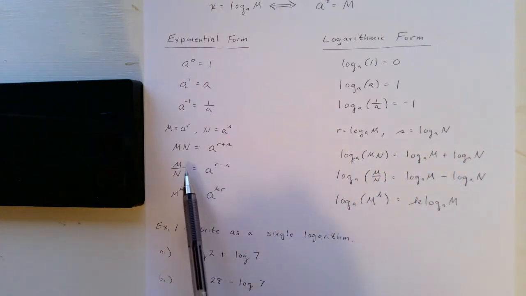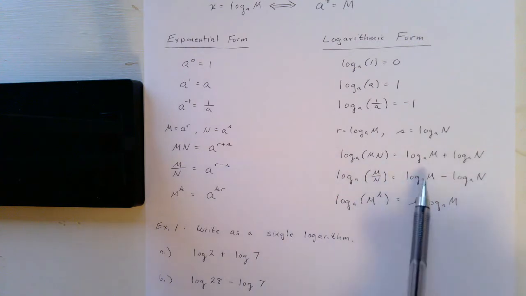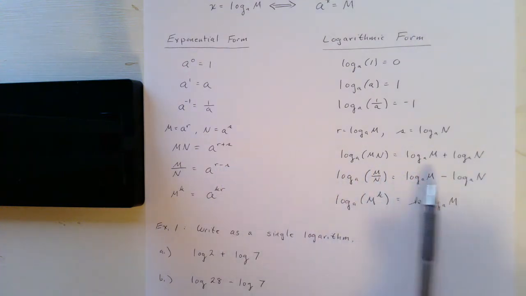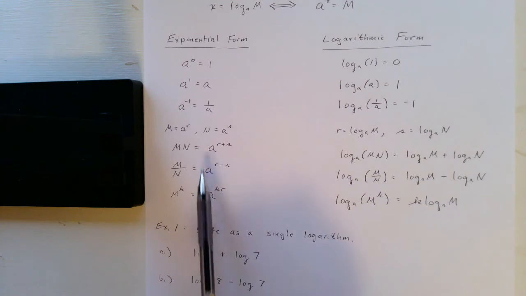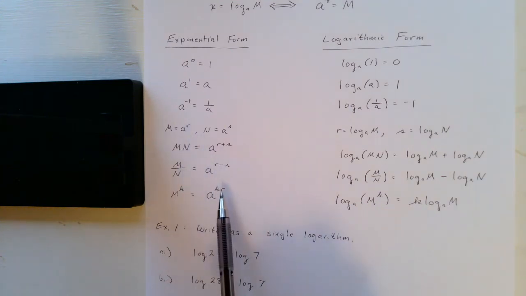Similarly here, m divided by n is a to the r divided by a to the s. That's a to the r minus s, and so we are subtracting the logs. And then finally, m to the k: we're taking a to the r and raising that to the kth power, so we multiply the exponents.